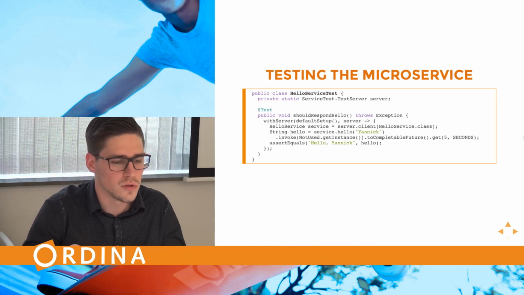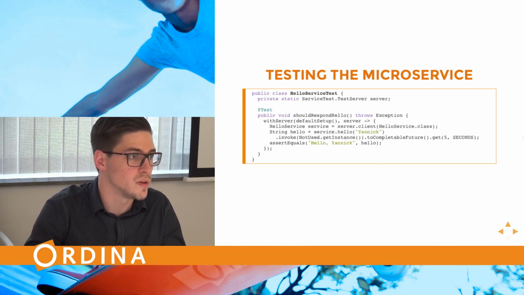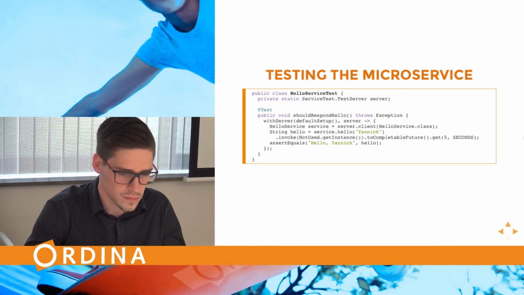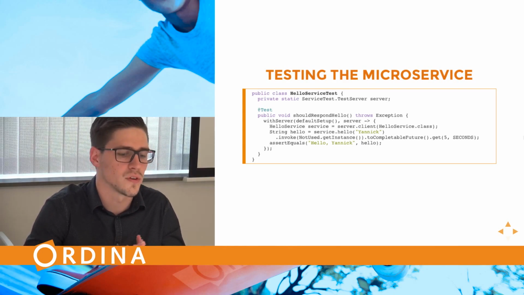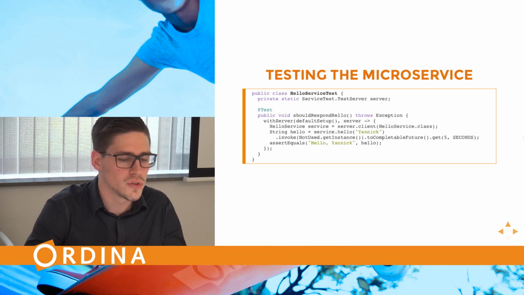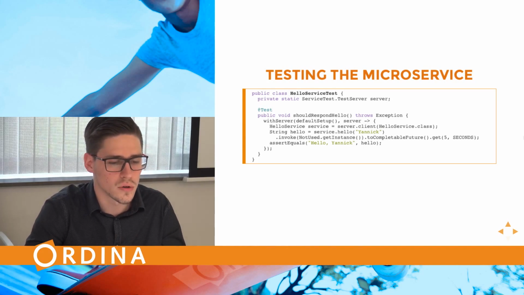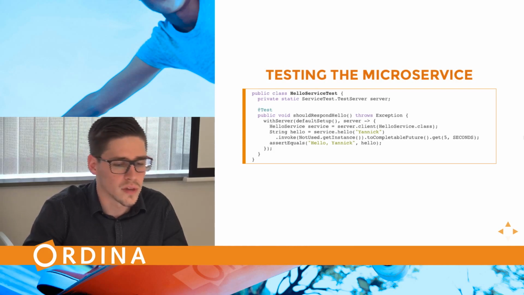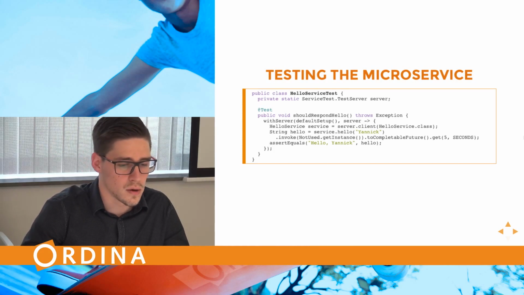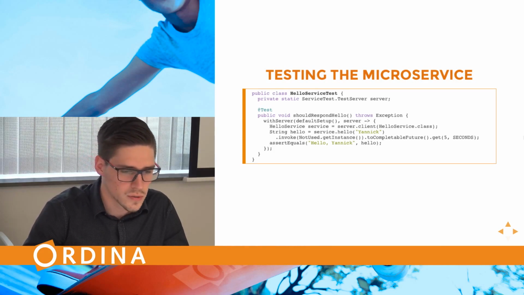That's why you need to execute the invoke method on it. Afterwards you get a future that you can convert to a completable future on which you can then block, and afterwards you can just assert the results.